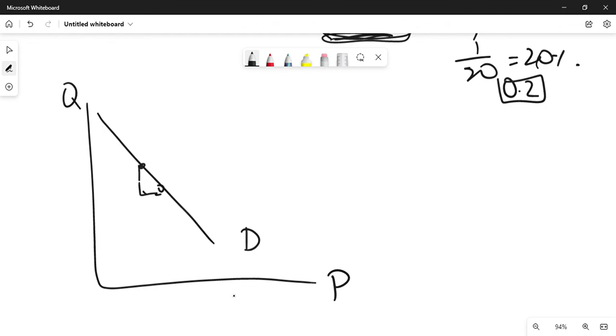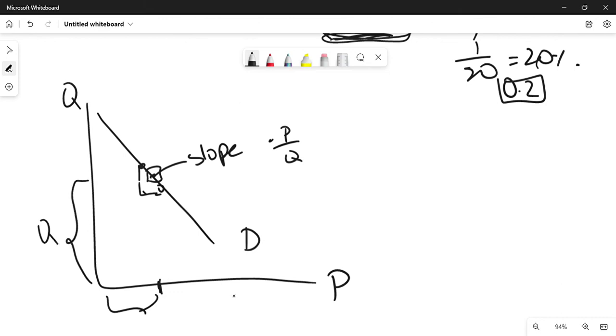So this is the slope, and then if we're multiplying it by P over Q, that means that we're multiplying it by this amount, and then dividing it by this amount, basically, from here, right? Because it's this Q1 and this P1.